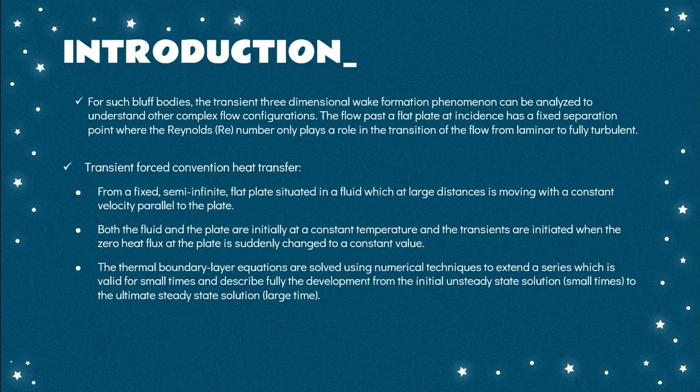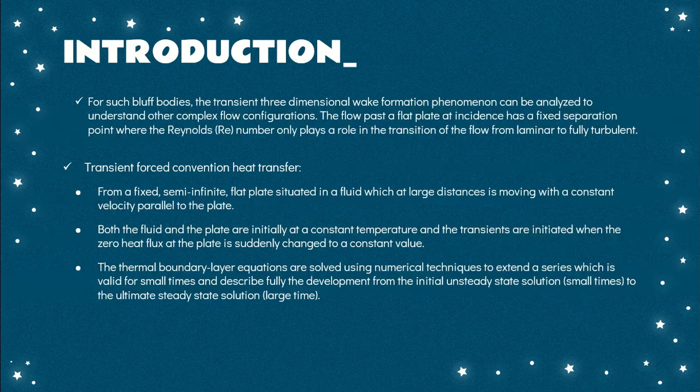semi-infinite flat plate situated in a fluid which at large distance is moving with a constant velocity parallel to the plate. Both the fluid and the plate are initially at a constant temperature, and the transient is initiated when the zero heat flux at the plate is suddenly changed to a constant value.